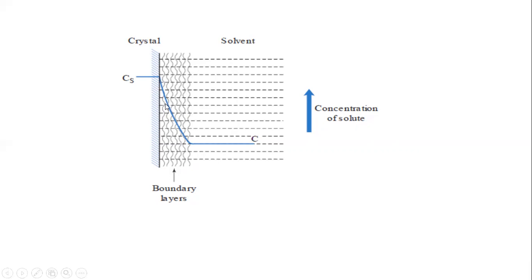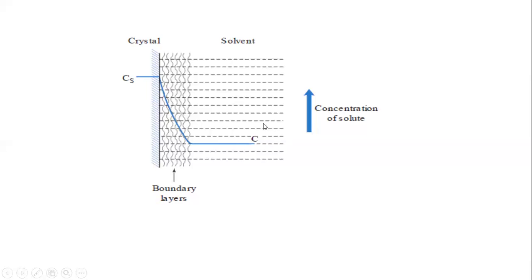In the boundary layer, the concentration of the solute is represented by CS, which is the saturated concentration. This concentration changes to C when the solute molecules diffuse from the boundary layer to the bulk of the solution.